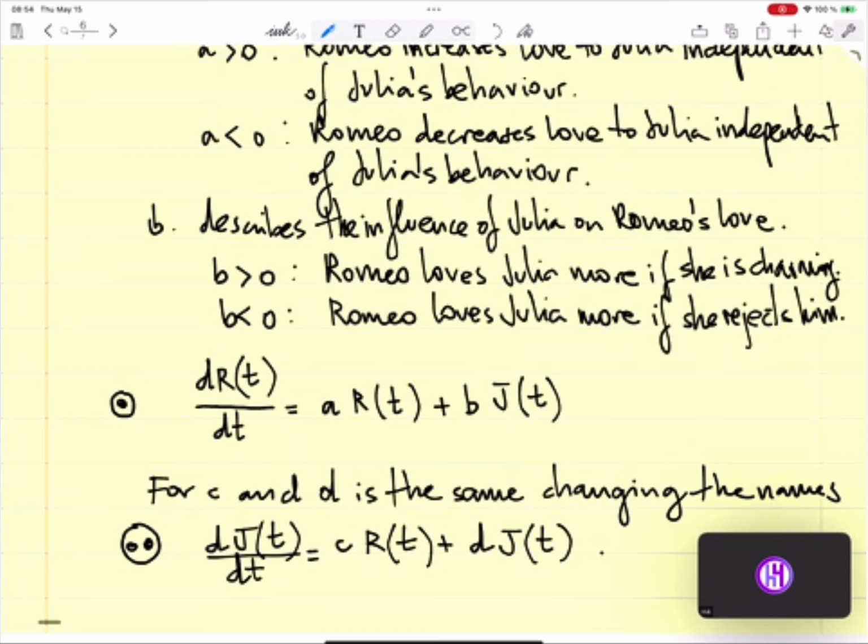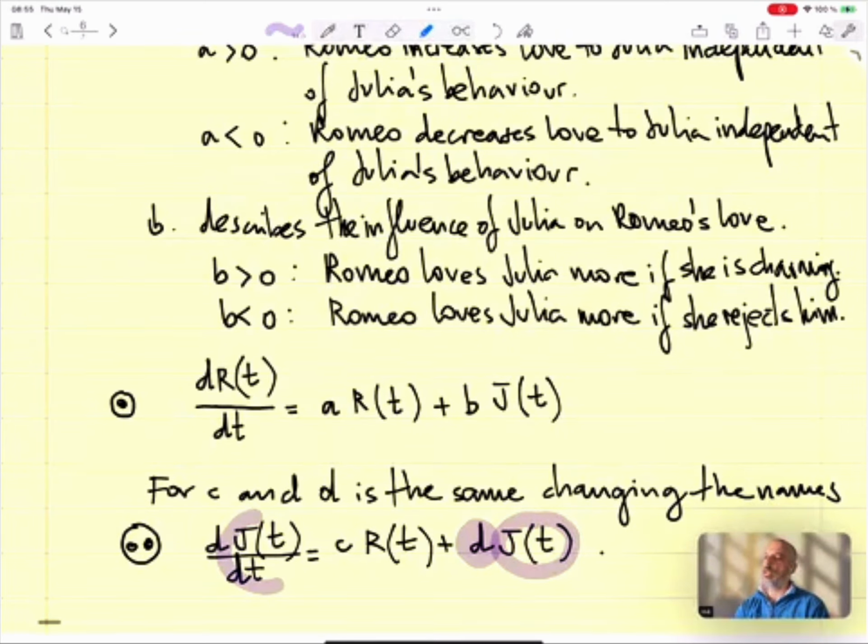Yeah, so exactly. So D is describing the dynamics of the love of Julia. So imagine Julia is in her room alone without interaction with Romeo, and she starts thinking about the boy, oh, he's so good, and she falls in love with him without Romeo doing anything.